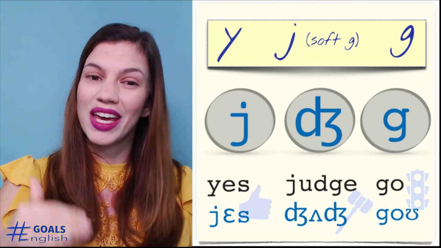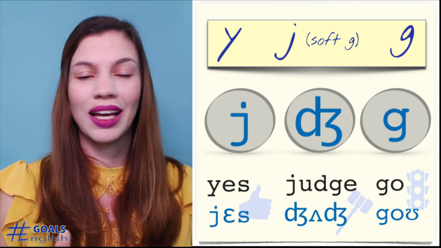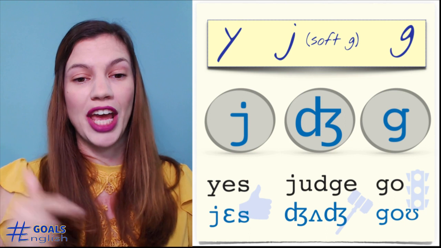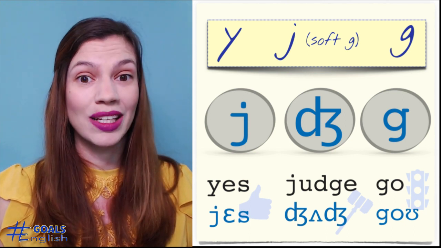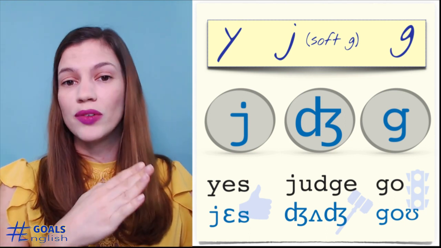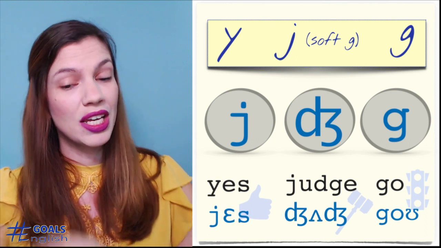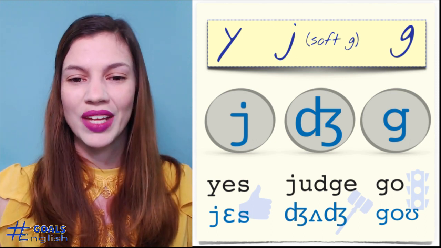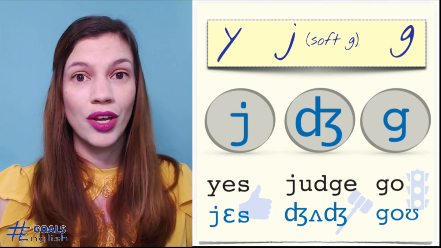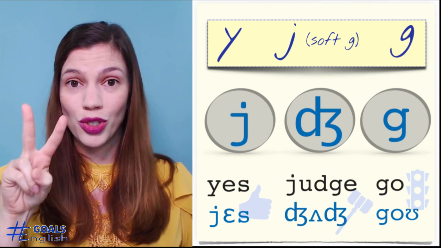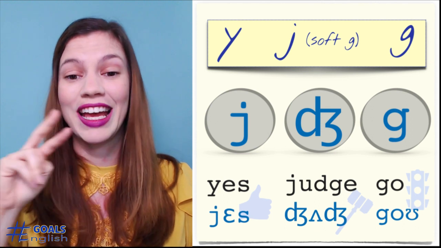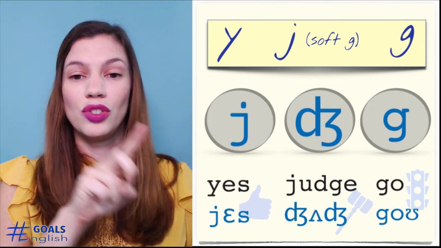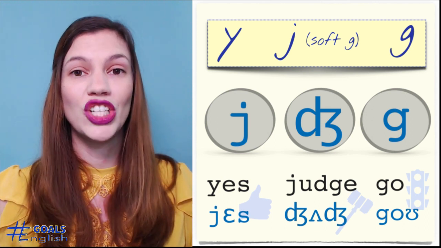All right, so I like to put these sounds together because it can get a little confusing. So in the IPA, a Y sound, y, is written as a J. So y, yes. Then we have a J sound, also called a soft G, which is with this kind of weird symbol here, J, as in judge. Even though it's spelled with J and a DG, there's just this soft G sound, judge.